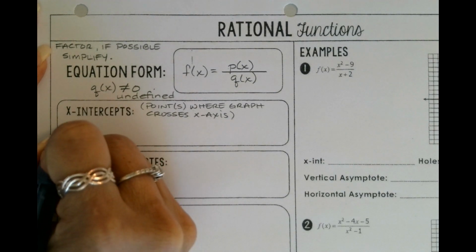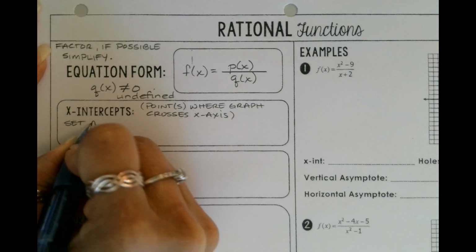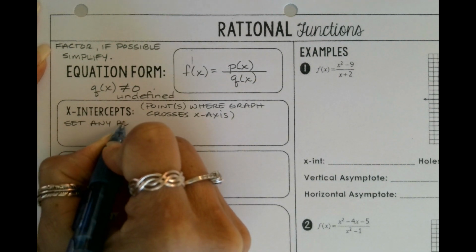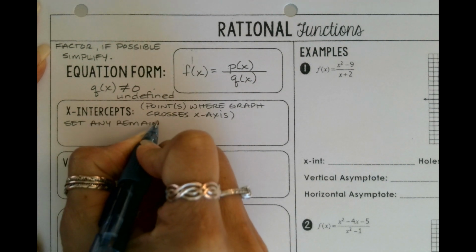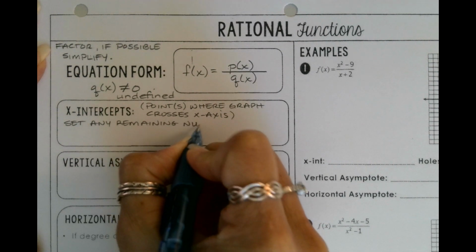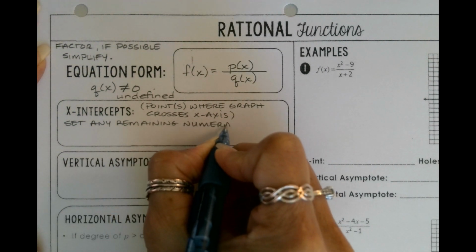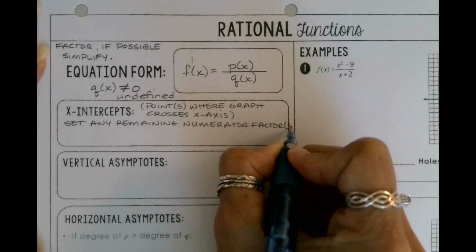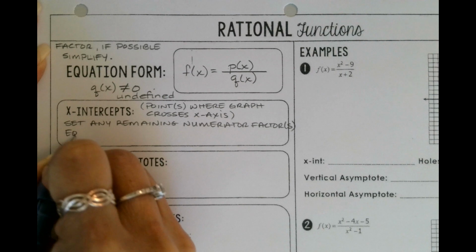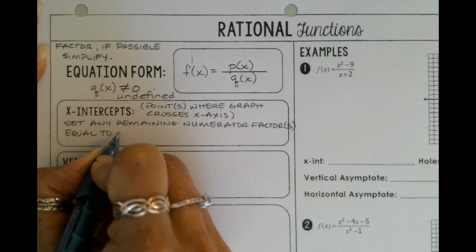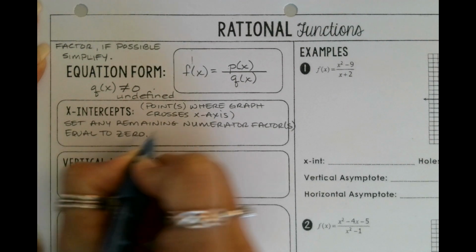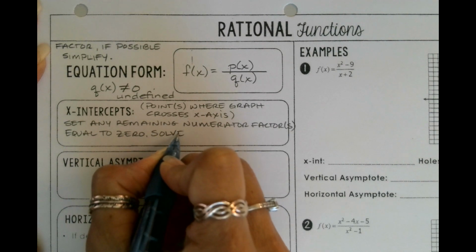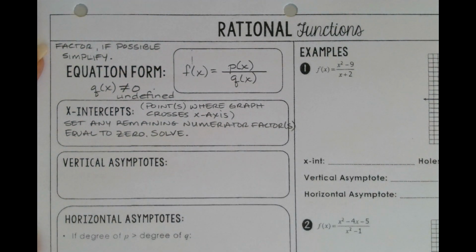I want you to set any remaining numerator factors, or factor, maybe one, but factor or factors equal to 0. And then I want you to solve. When you do so, you would have found the x values where the graph is crossing the x-axis.